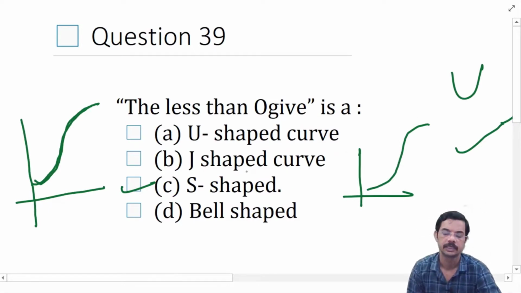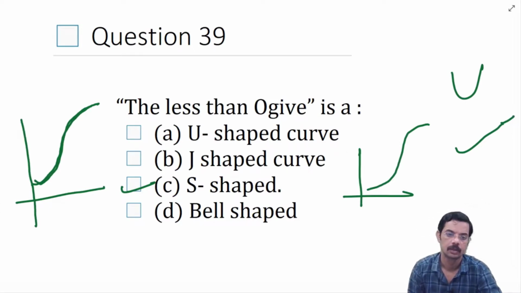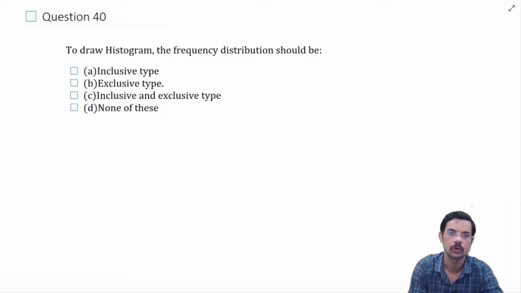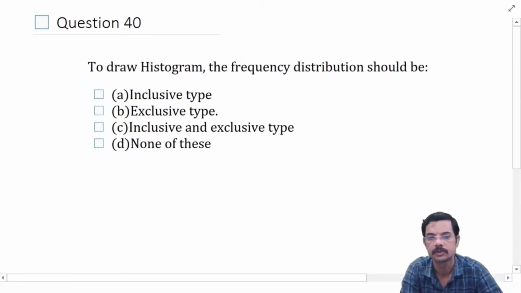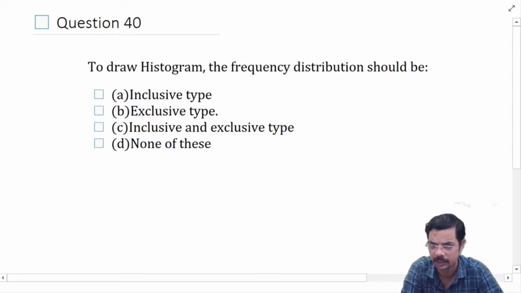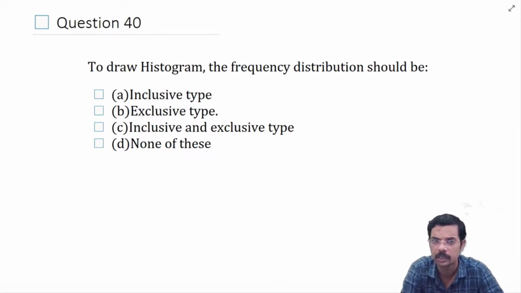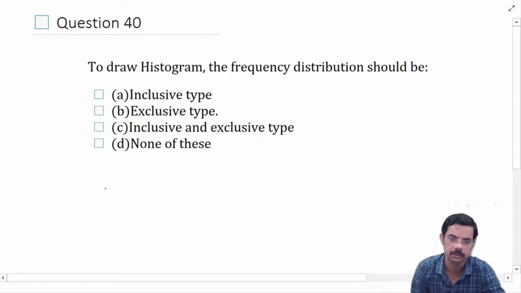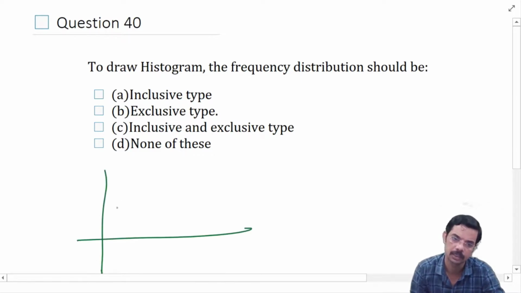Next question, 40. To draw a histogram, the frequency distribution should be of what type? Again, we need to convert it to exclusive type first of all, and only then can we draw the histogram, because we have continuous classes. In a histogram, the bars are arranged one after the other.